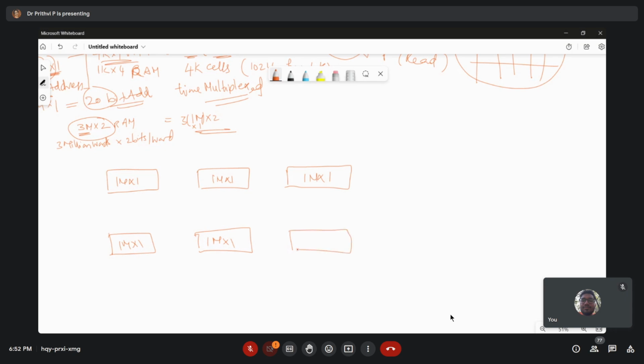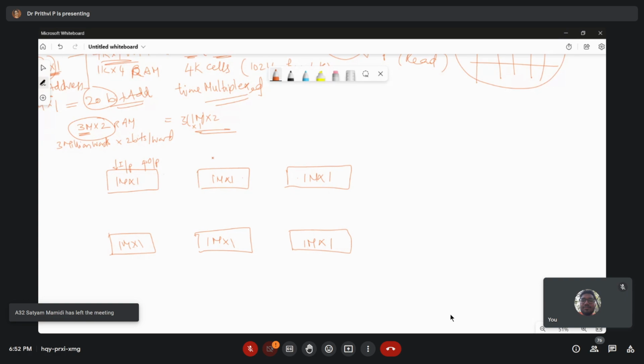Now you will be getting that this is 3M into 1, and this is one more 3M into 1. Combine them as a row and column. What you are getting is 3M into 2. Able to understand how we are organizing them? Okay. So each memory should be having data input and data output, for writing and reading.